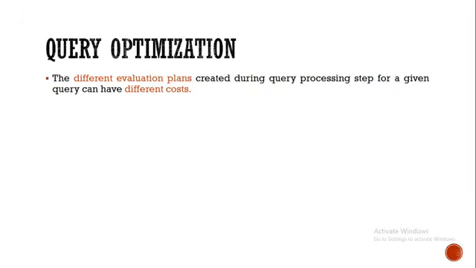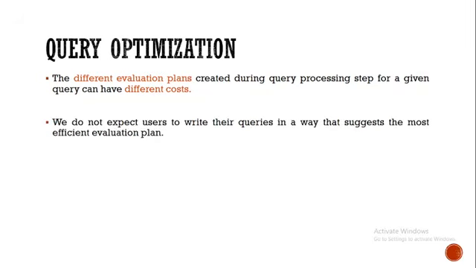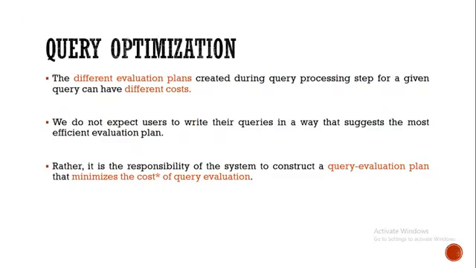The role of the optimizer is to decide which query takes less time, or it optimizes the query and then forwards it to the next module. We cannot expect users to write the efficient query which takes the least time, but it is the responsibility of the system to construct the query evaluation plan and minimize the cost of the query evaluation. So here comes the role of query optimization.